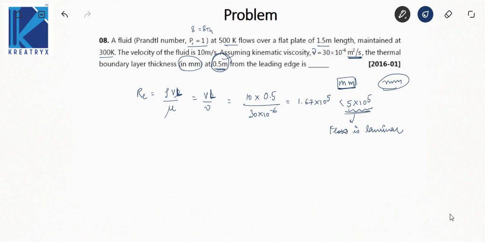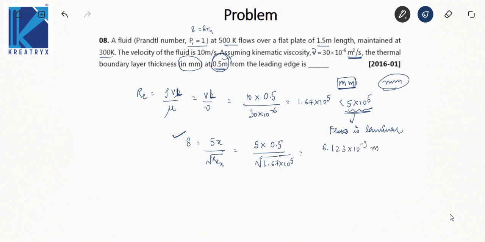So for this, delta is equal to 5x upon root Re x. Remember this equation, you must have already learned it. Putting in the values, 5 into 0.5 upon root of 1.67 into 10 to the power 5, it is 6.123 into 10 raised to the power minus 3 meters.